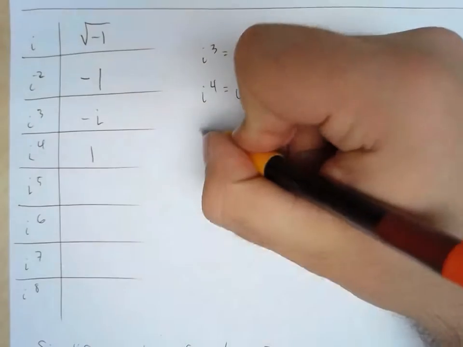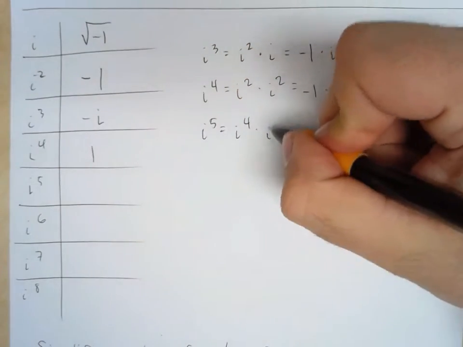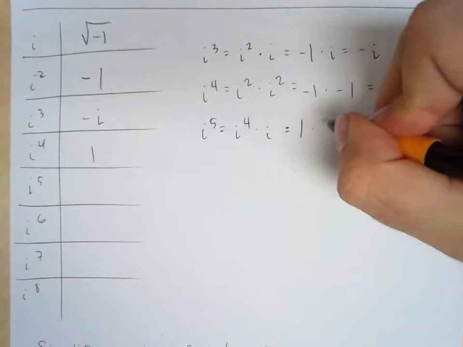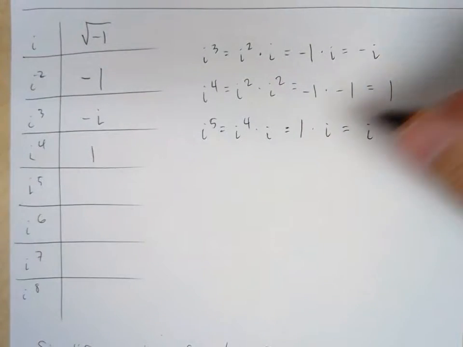So then i to the fifth is going to be i to the fourth times, we need one more i to get to i to the fifth. So i to the fourth is 1 times i, which is going to give us just i. 1 times anything is anything.